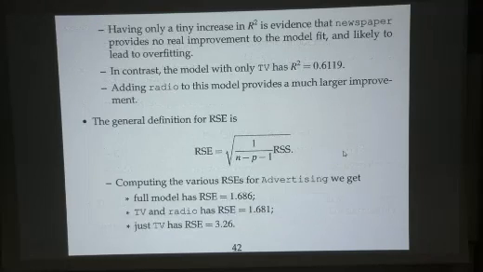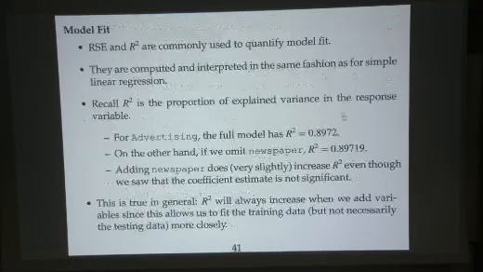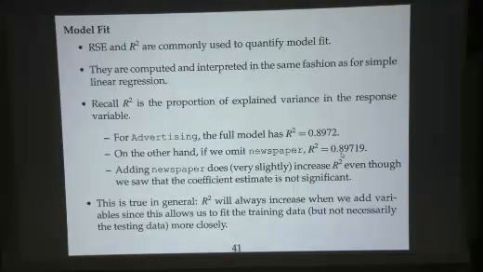So if you had R square for the TV as 0.6, and you just include the radio, the R square goes up by like 0.2. But when you add the newspaper, the R square does not go up that much.